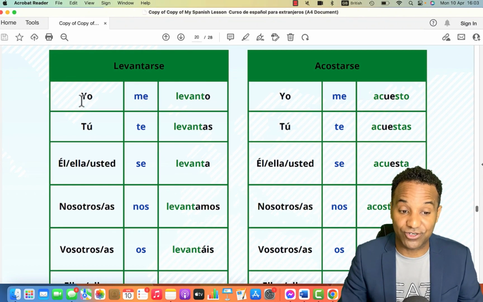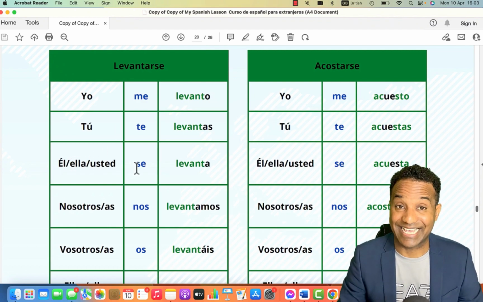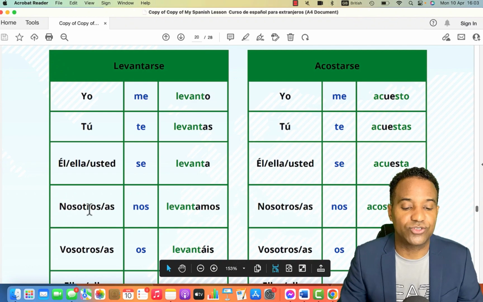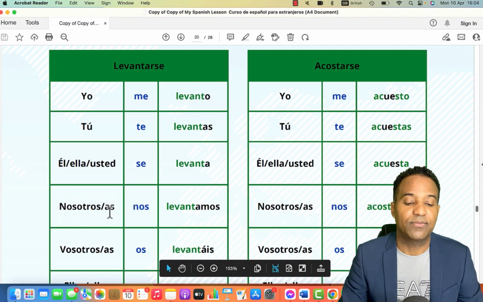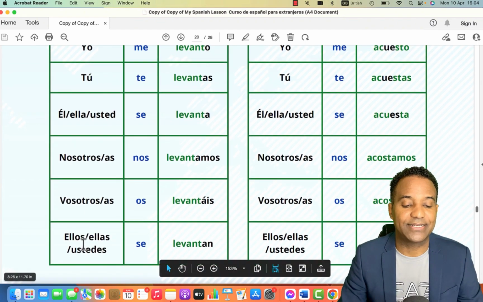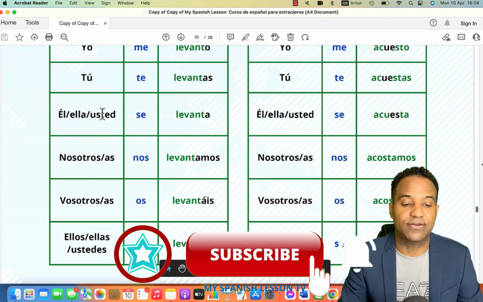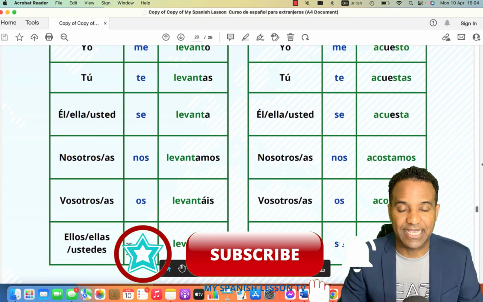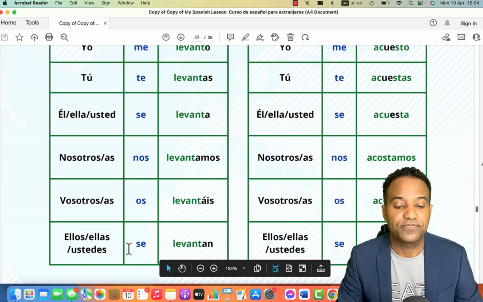Me, so for yo is me, for tú is te, él, ella, usted, se, nosotros, nosotras, nos, vosotros, vosotras, os, ellos, ellas, ustedes, se. Again, it's the same for él, ella, usted, ellos, ellas, ustedes. So we use se before the verb.